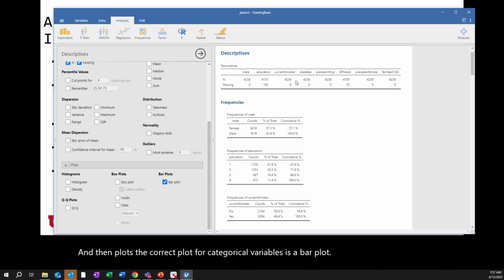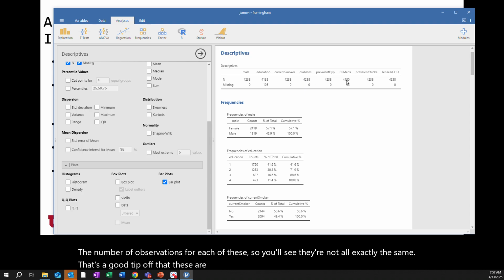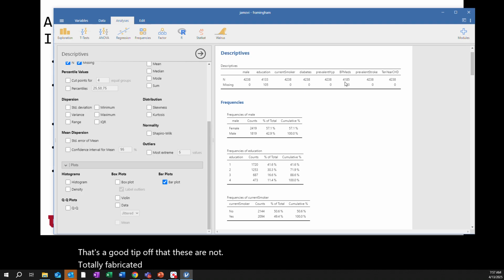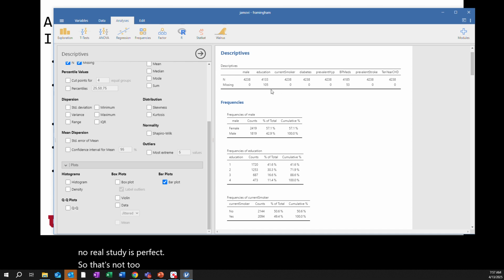All right, so the number of observations for each of these. You'll see they're not all exactly the same. That's a good tip off that these are not totally fabricated data. They may be fabricated data, but they're not all exactly the same. So no real study is perfect. So that's not too surprising.